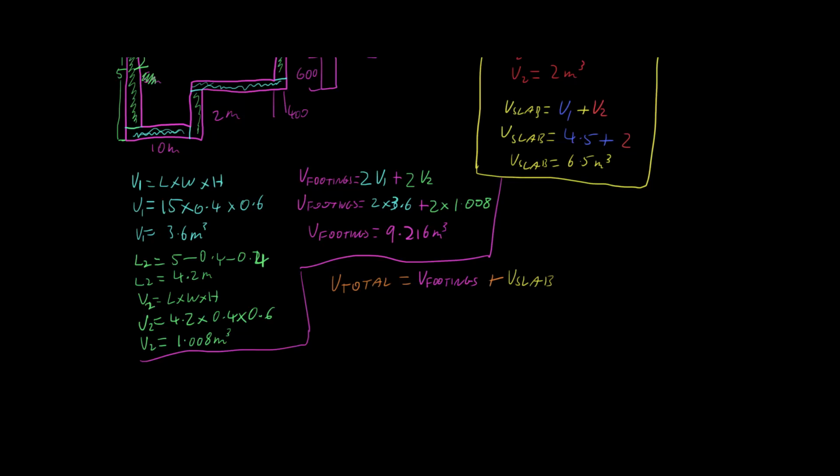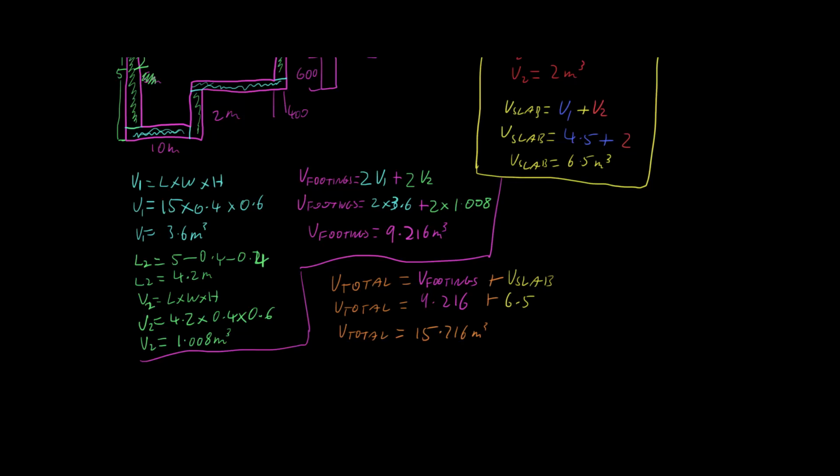So this is going to give us a total volume, which is going to be 9.216, and then adding on the volume of our slab of 6.5. So our total volume is going to be 15.716 meters cubed.